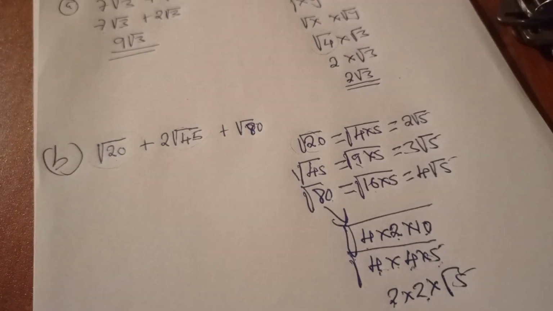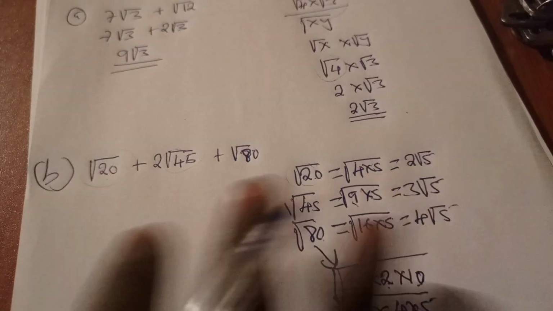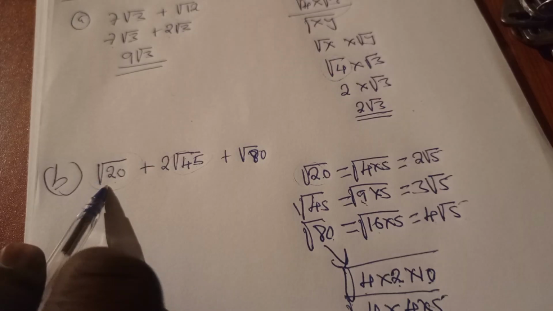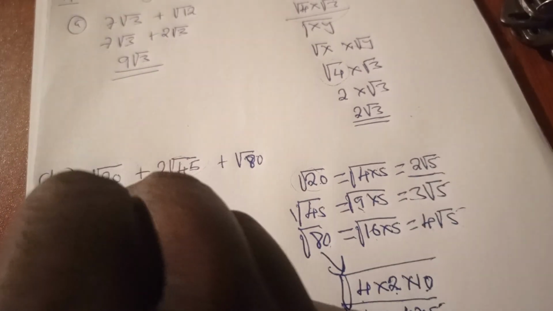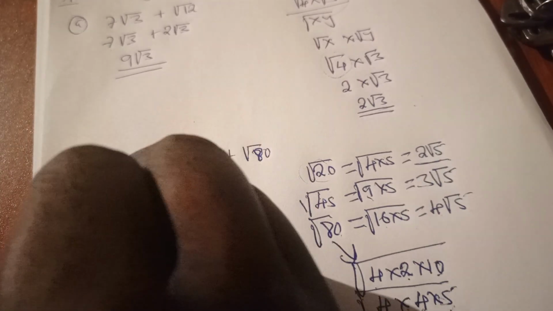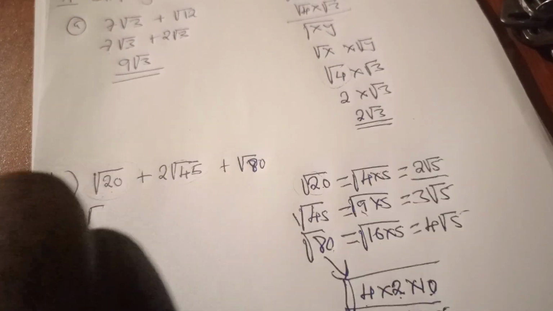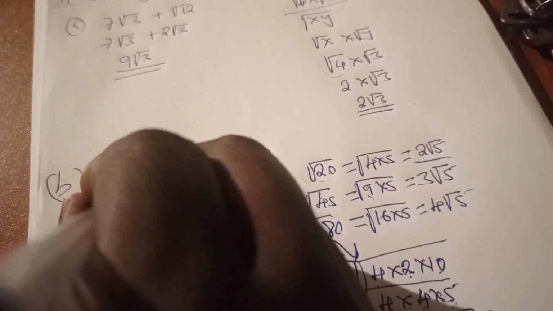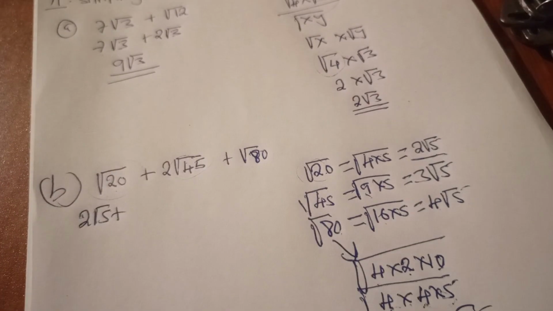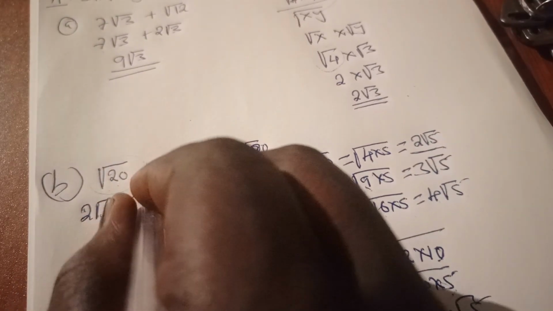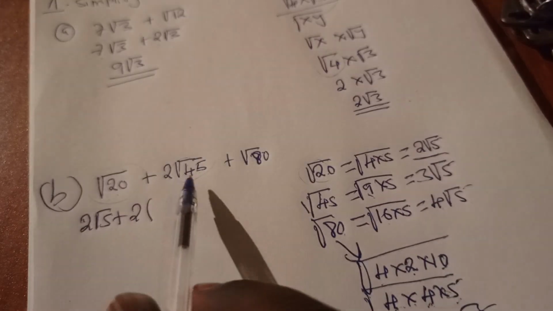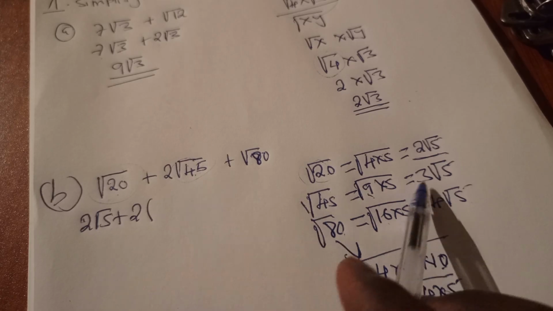So now I'll come back to this. I know that the square root of 20 is the same as 2 root of 5. Then plus, I'll write this 2 here, then open bracket, the square root of 45.